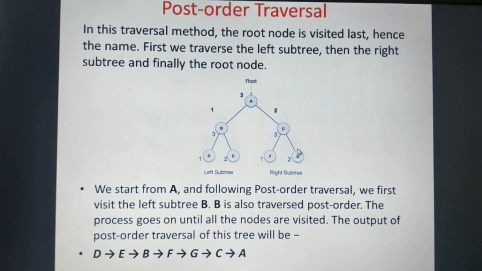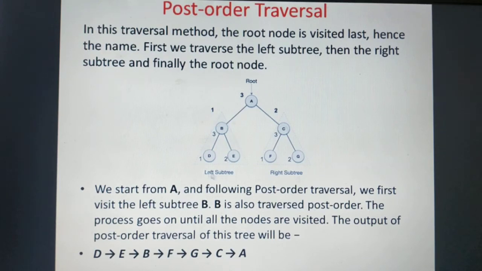Then we go to the right subtree. In right subtree also we apply the post order traversal. According to post order traversal, it is going to be left, right, and then the root, and hence the values F, G, C, and then finally we complete the tree traversal by the last value, that is the root value. So we completed the entire left subtree, right subtree, and the root.